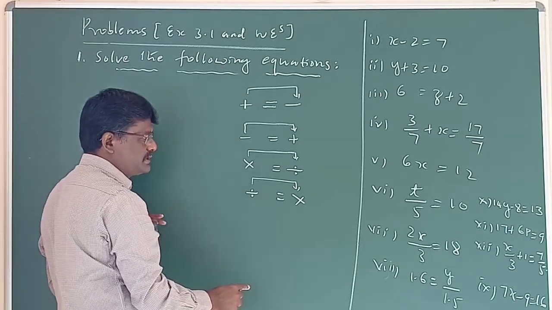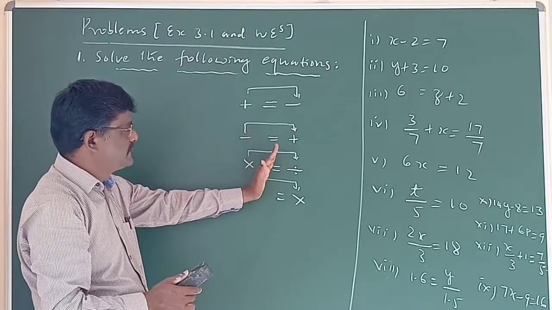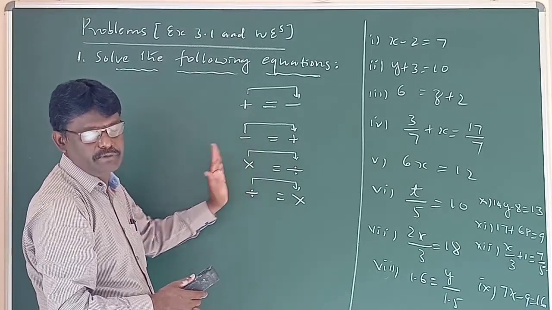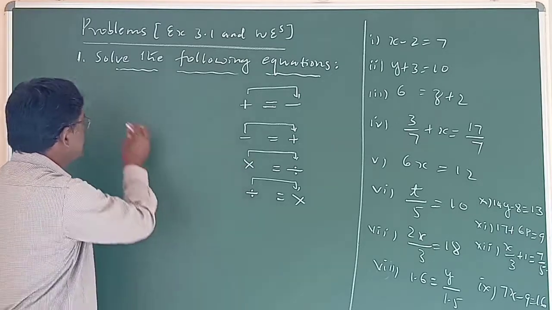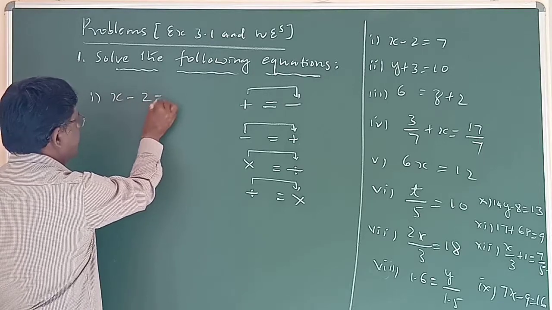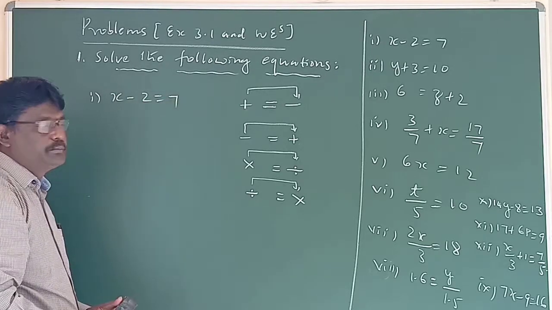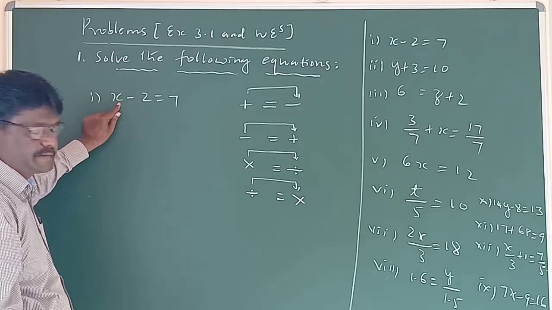Next, one more important thing: it is convenient to keep the variables on the left hand side of the equation. Now we shall take the first one, x minus 2 equals 7. What is the meaning of solve? Solve means find the value of x.